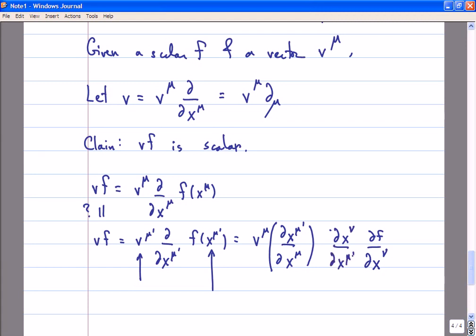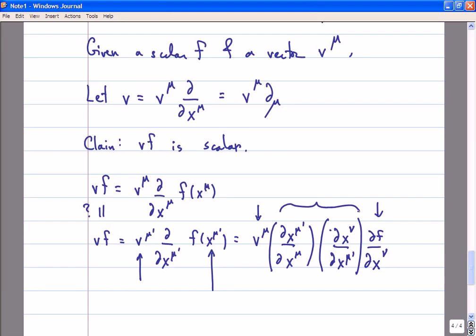That's just the chain rule. And what do we have here? Well, this is just the vector written in the x mu coordinates. This is df by dx nu in the x nu coordinates. And then we have two Jacobian factors here.